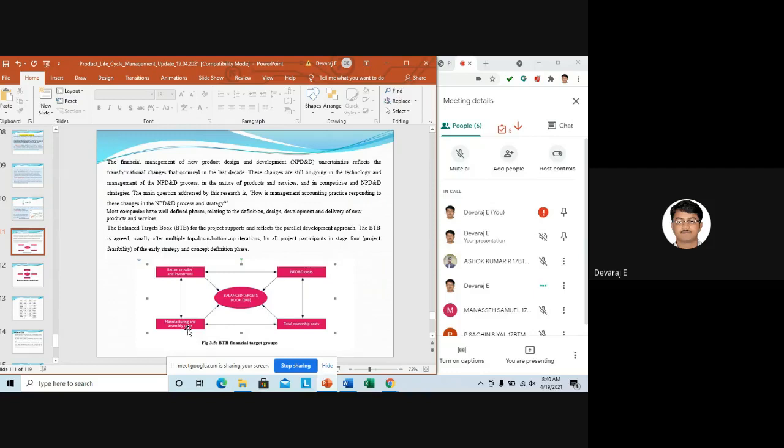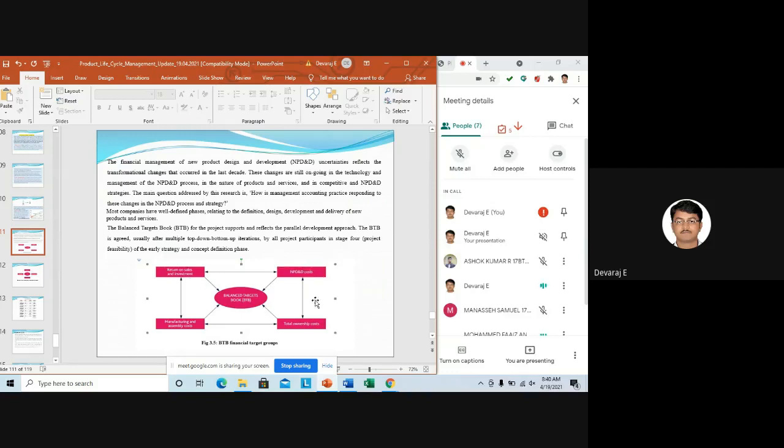For both, we should invest cost. At the end you can see return on sales and investment: after manufacturing, how much you are selling, how much you invested, and how much you are getting back. This is nothing but return on sales and investment.